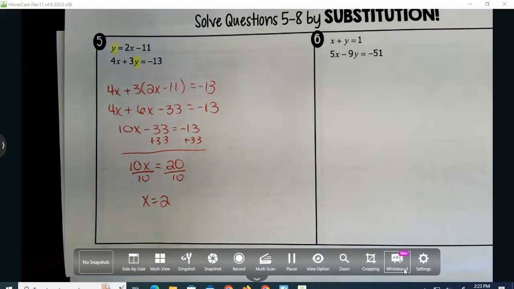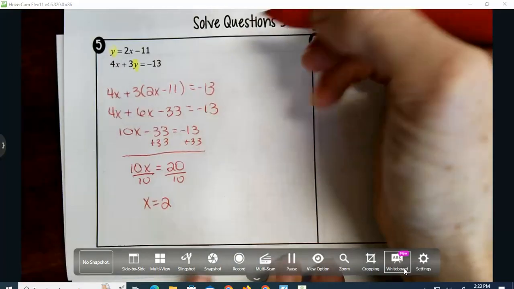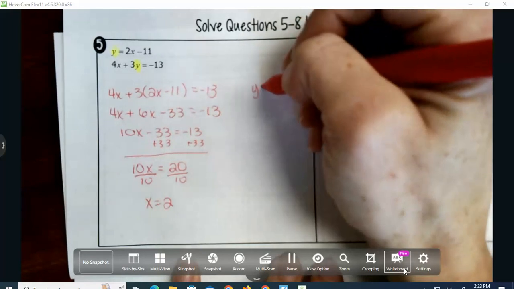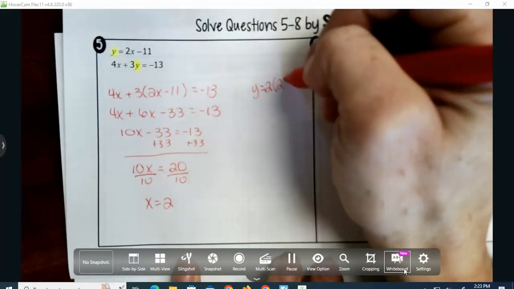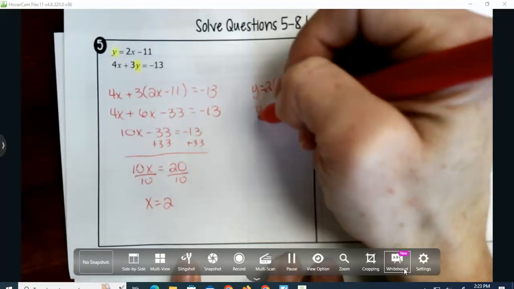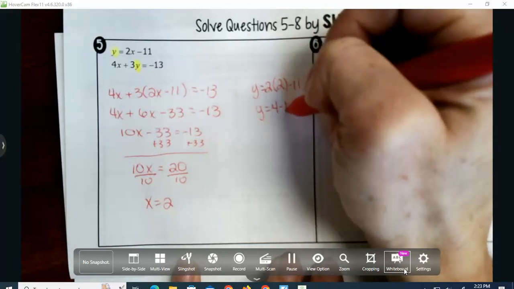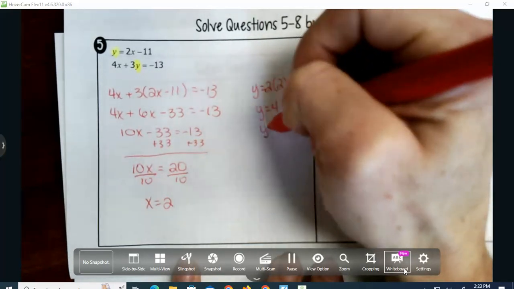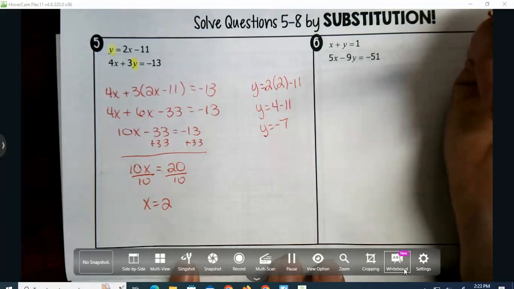On all of these, once we have one variable, we can get the other just by going back and plugging it in. So y was 2 times x minus 11. So 4 minus 11 gives us negative 7.